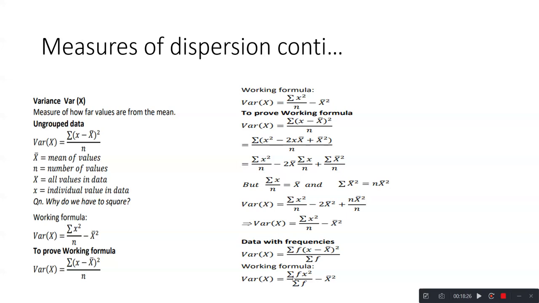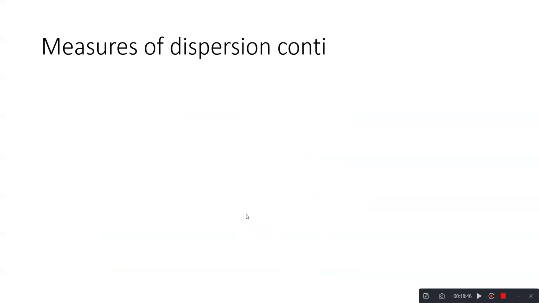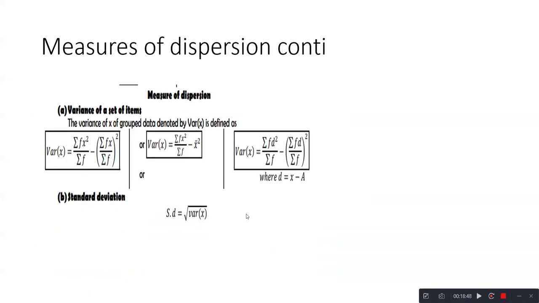Or you can say the sum of fx squared divided by the sum of f, minus the square of the mean. For inferential statistics, the sample variance S squared differs from the population variance. The standard deviation comes from the square root of variance.